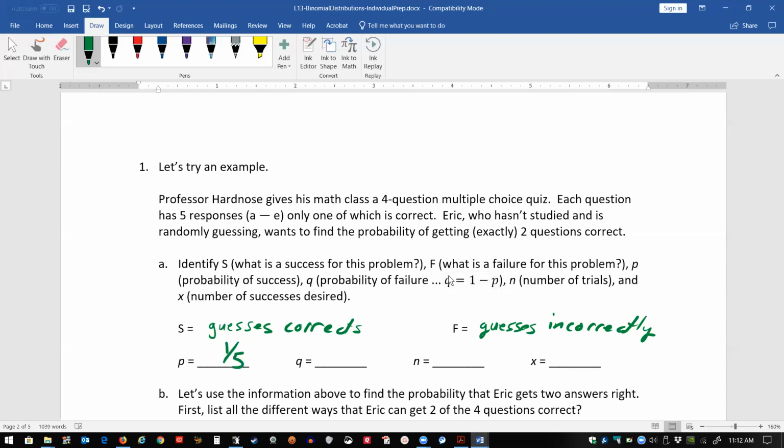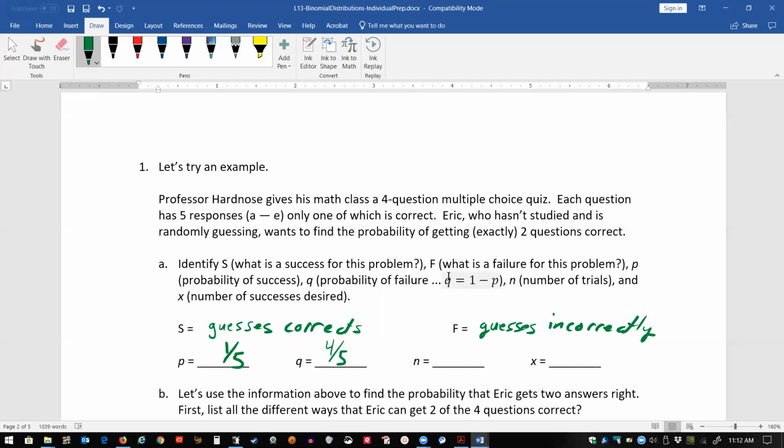So note here, the P represents the probability of success. He has a 1 in 5 chance of guessing right. So Q represents the probability of guessing incorrect, right? Of getting the problem wrong, of failing the trial. And so he has a 4 out of 5 chance of failing, of not getting it right.